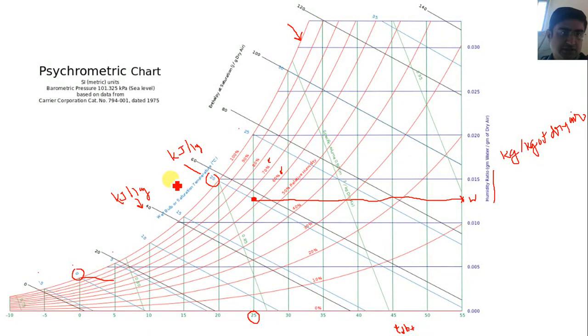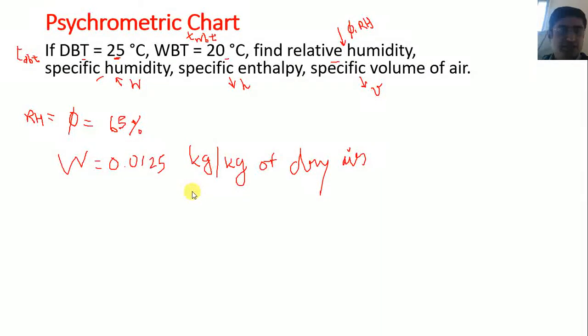Here is 50, here is 55. So the value is about 57 kilojoule per kilogram. So the value of specific enthalpy at that intersecting point is 57 kilojoule per kilogram.